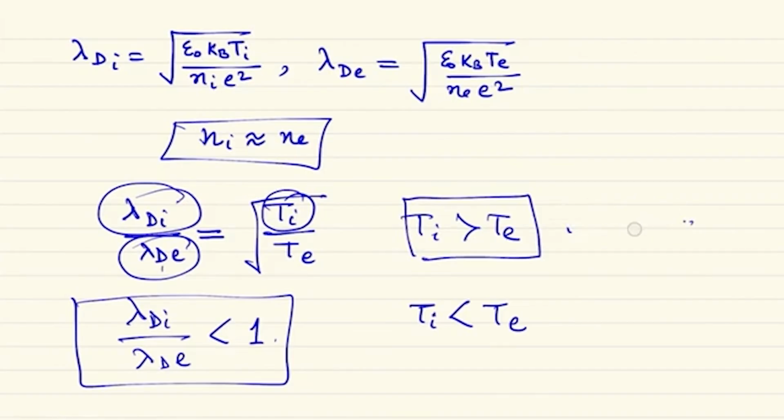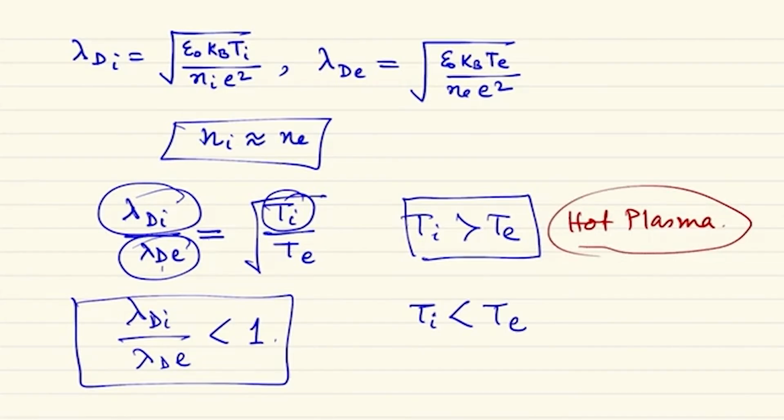I have to write it in red so that you can see it. Hot plasmas. Mostly the plasmas which are strongly ionized, that means the degree of ionization is very high, let's say 80% or 90%, for those plasmas this type of condition is verified, and this is called a hot plasma.